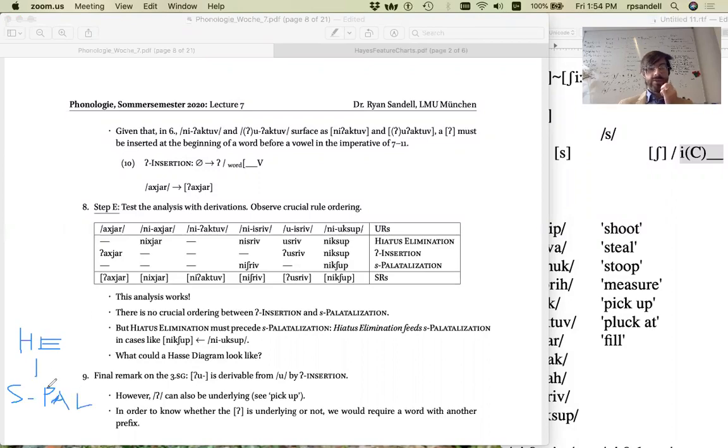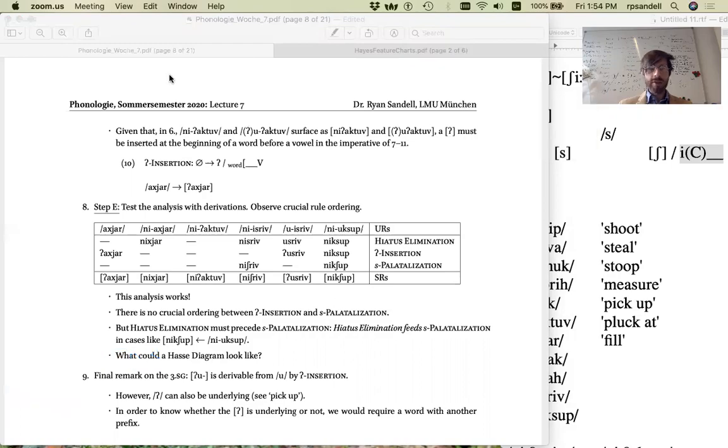So we see this crucial relation, and otherwise there's no further interaction between those two rules with the glottal stop insertion rule. So the glottal stop insertion rule in the Hasse diagram can just sit alone to the side. It doesn't interact crucially with either of the other rules.